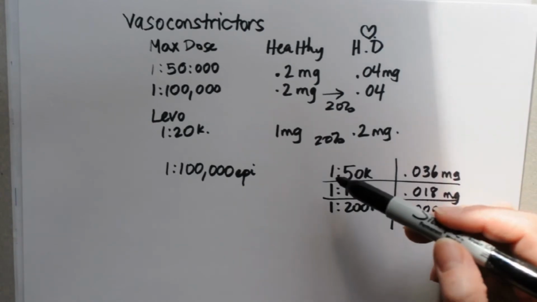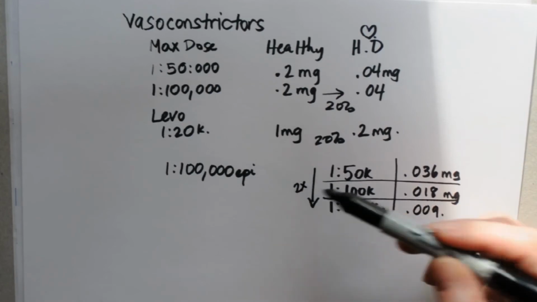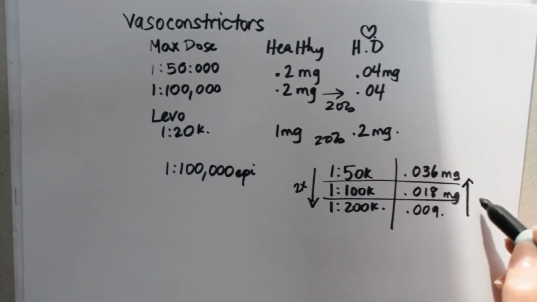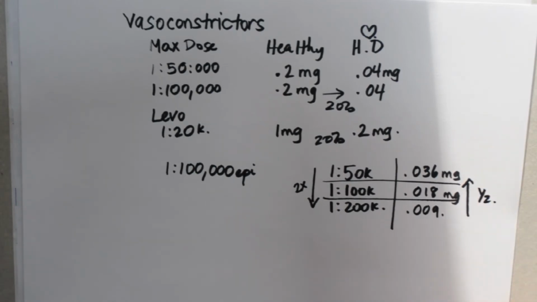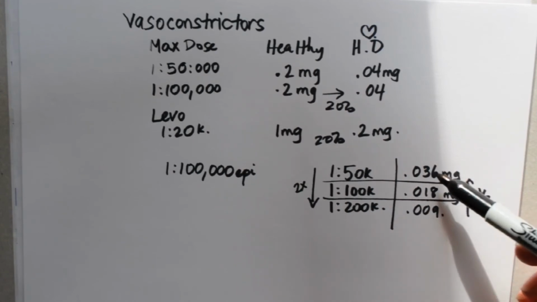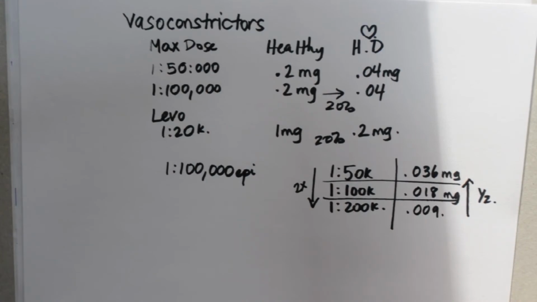So if you remember that as these go up by 2 times, these go the opposite way. So we're going in halves here. So there's that inverse relationship, and hopefully that makes sense. That is, these go up, these get smaller, and it's by halves on this side and doubles on this side.